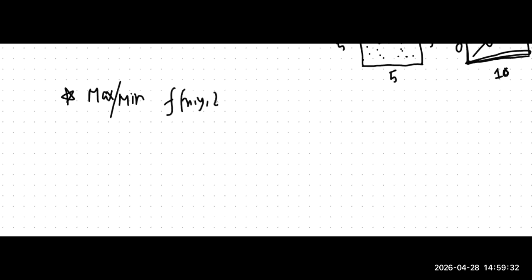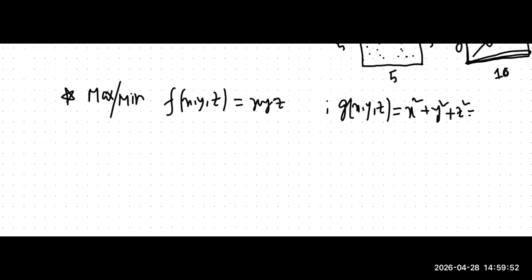Let's say in this case function f of x, y, z is equal to xyz, and constraint g of x, y, z is equal to x square plus y square plus z square minus 1 equal to 0.